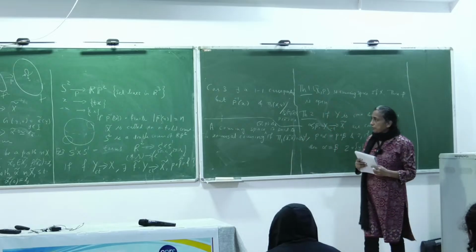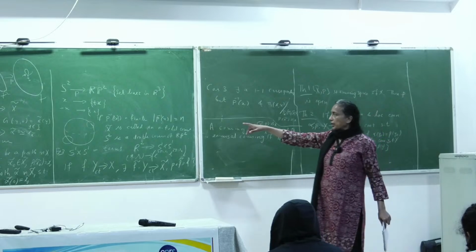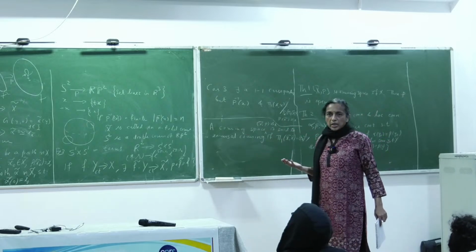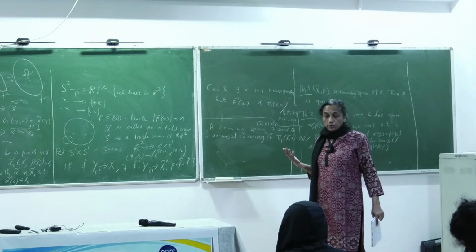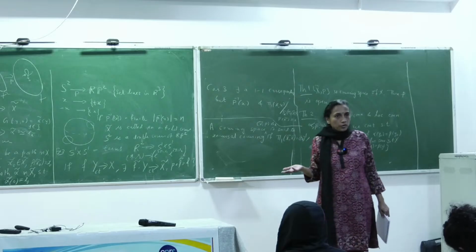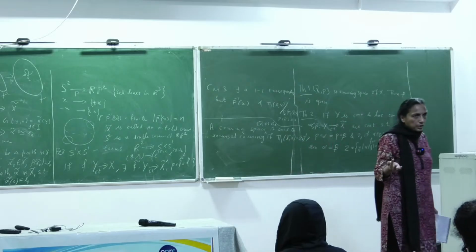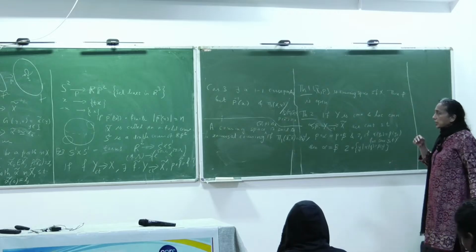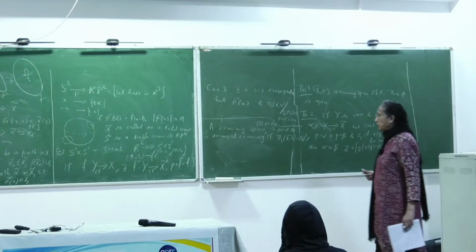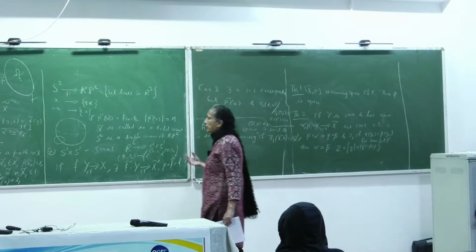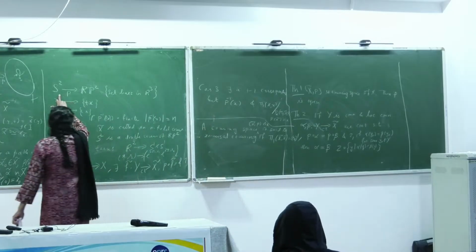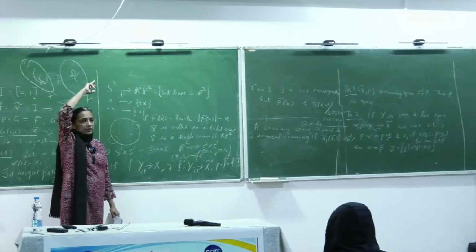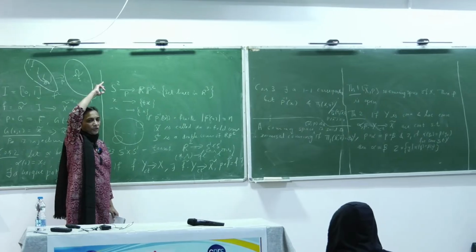Okay. For example, R is a universal covering of S1, R cross R is a universal covering of S1 cross S1, the torus, right? And we haven't shown that S2 is simply connected. Well, it has a hole but not a visible hole.